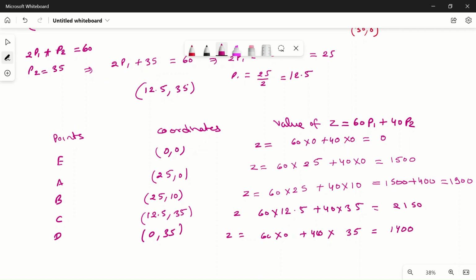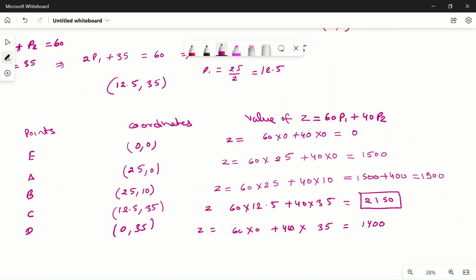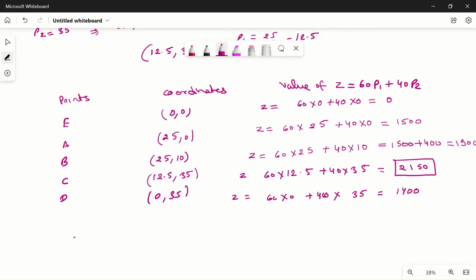So you can see that the maximum value of Z is 2150. So we can see that the optimal solution is Z equal to 2150. And at this point the values of the products are 12.5 and 35.